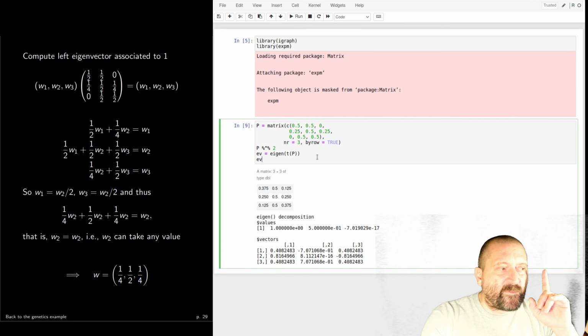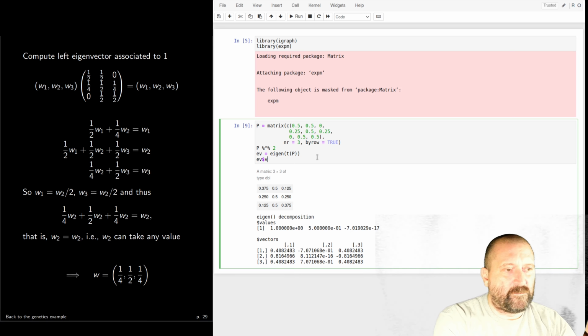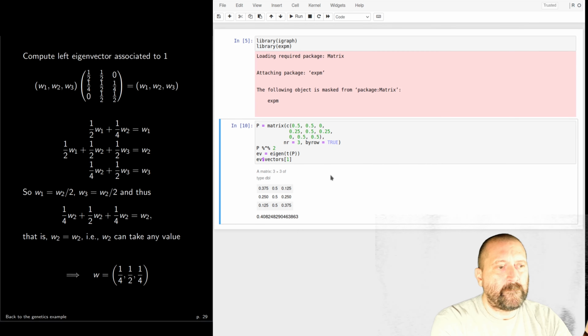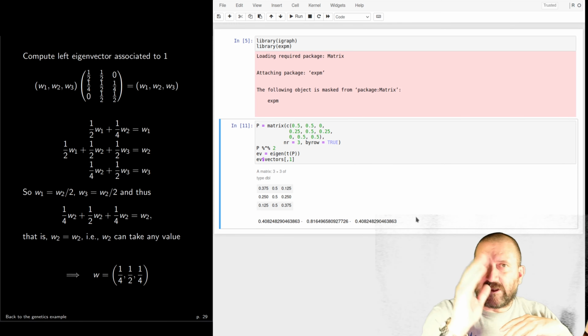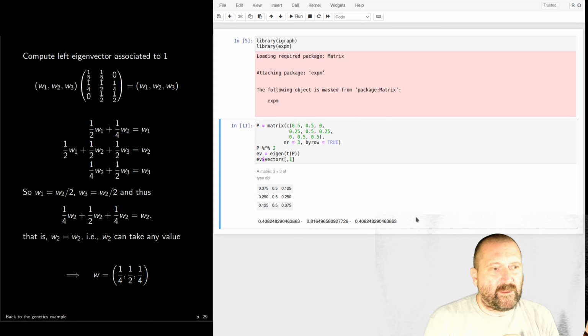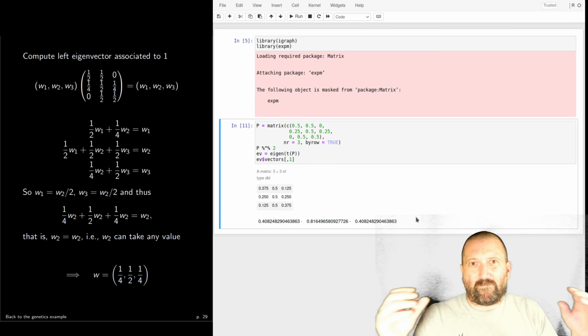But I want it to be normalized, because I want a probability vector. So if I take the eigenvectors, column 1, this is the eigenvector. In this case we're looking at a row vector, so it's good.